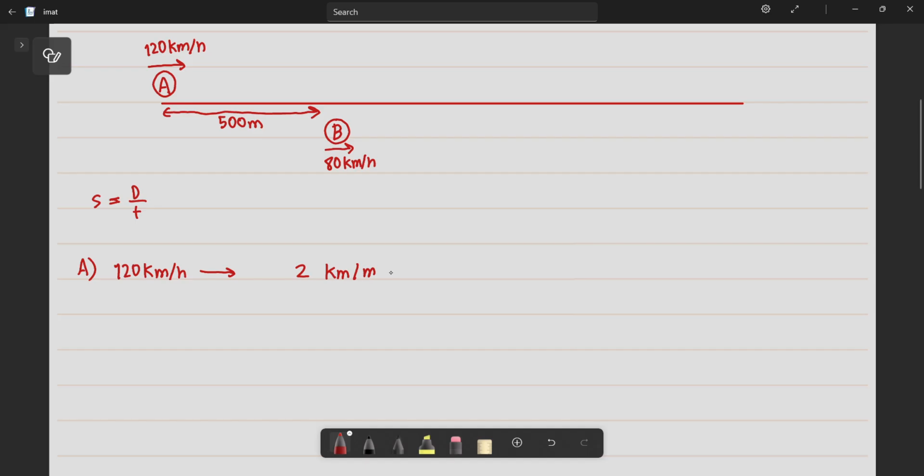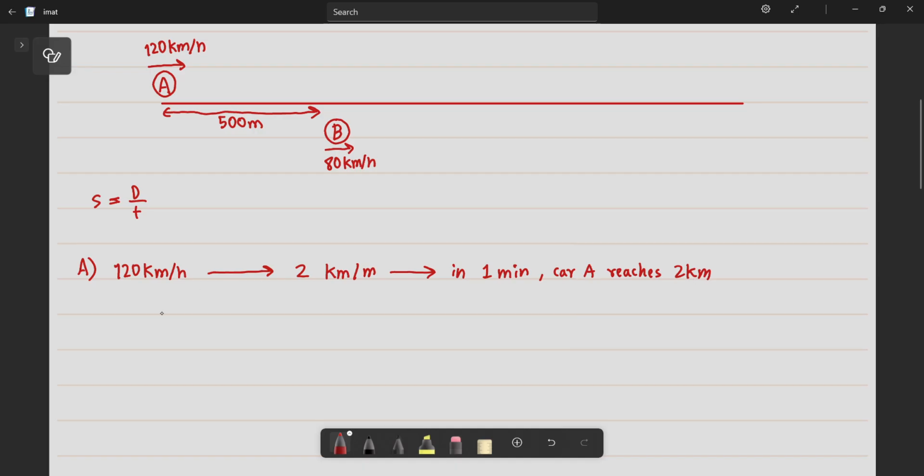So what this means is that exactly in 1 minute, car A travels 2 kilometer.